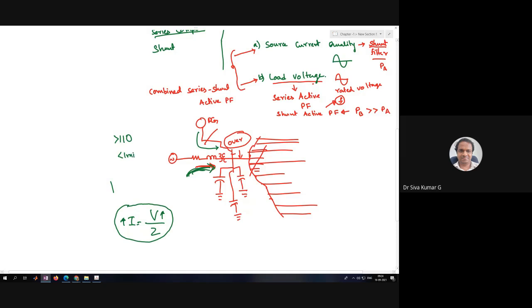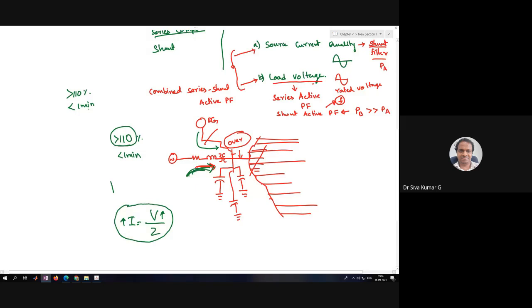I'm mentioning here, some of the loads, it's not all the loads, if the voltage change is greater than 110% for a duration of less than 1 minute, some equipments are able to bear that voltage variation also.